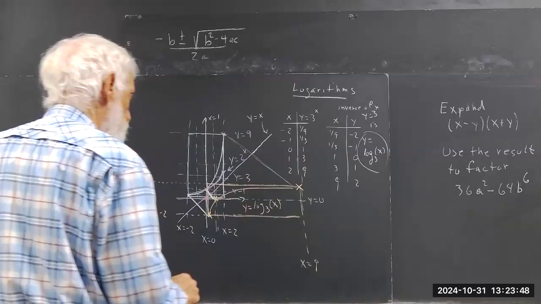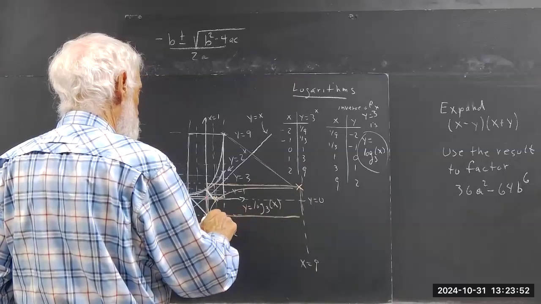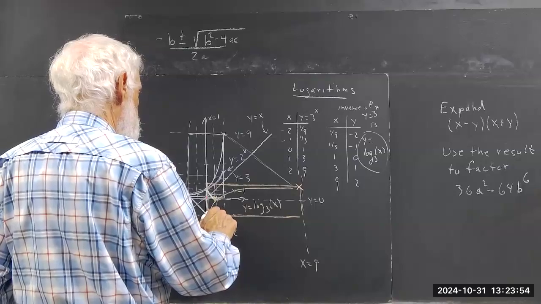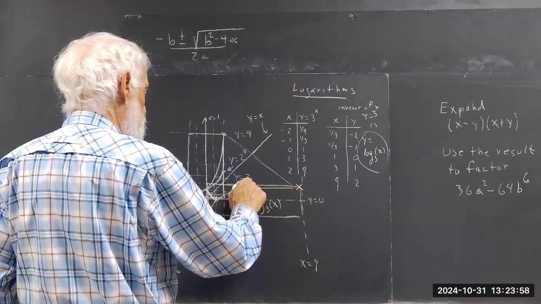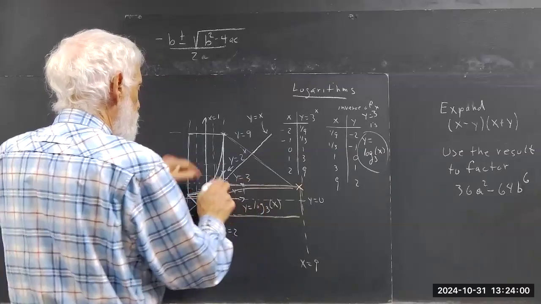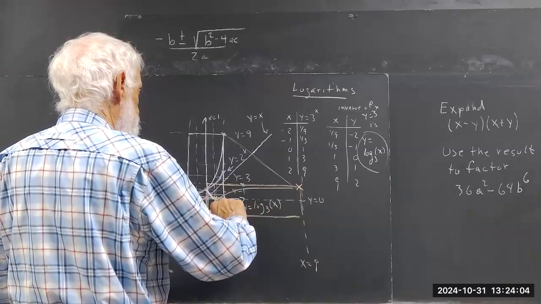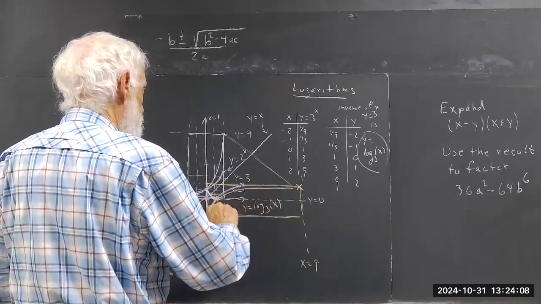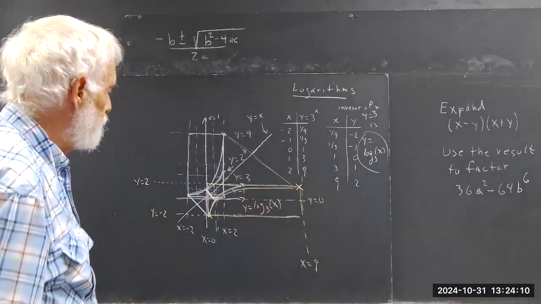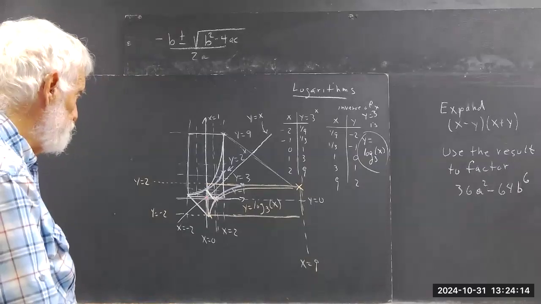And down here, we could do the graph of y equals log base 2 of x, which would go something like this. Come out to x equals this point. Because this point would correspond to this point. And the graph looks like this. That makes sense? Okay.